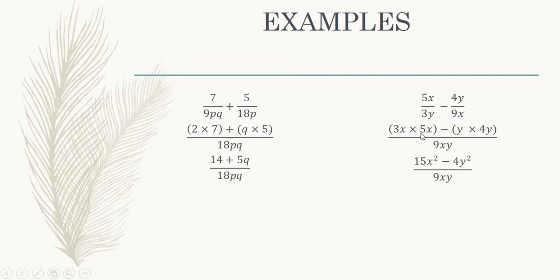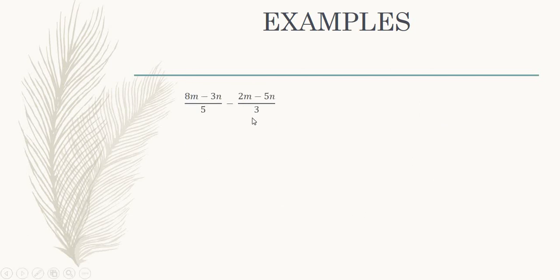So 3x times 5x, that's going to give us 15x squared, because 3 fives is 15, x times x is x squared. Put back our subtraction sign, and y times 4y, that gives us 4y squared over our common denominator. Can this be simplified any further? No, the fraction is in its lowest term. So that's how we leave it there.